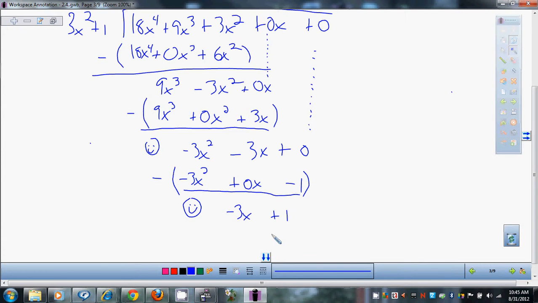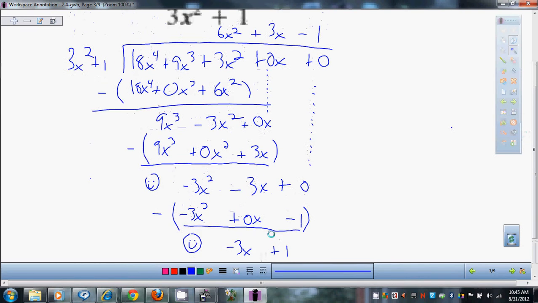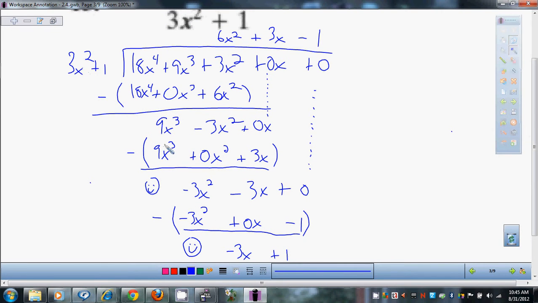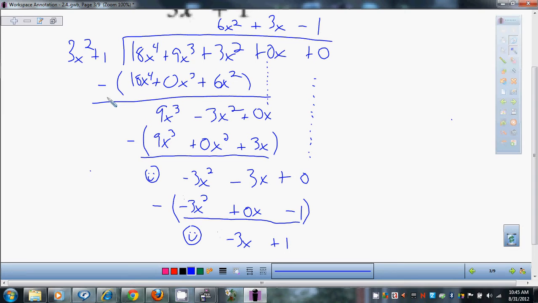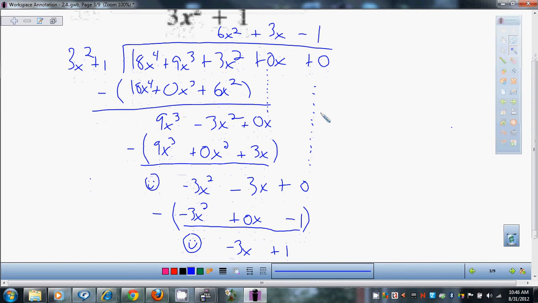You may notice at this point you can no longer divide this by this, because this 3x squared is bigger than negative 3x, which is your cue that this is now your remainder. Whenever what you're dividing by is smaller than what you're dividing, then it's your remainder. And here's how you write your remainder.